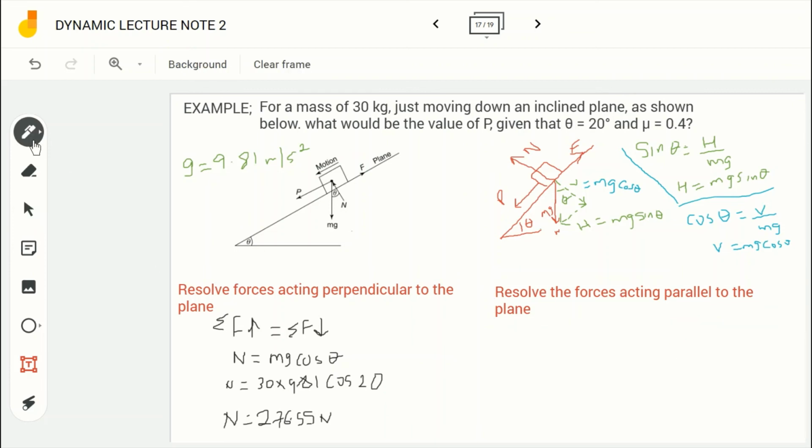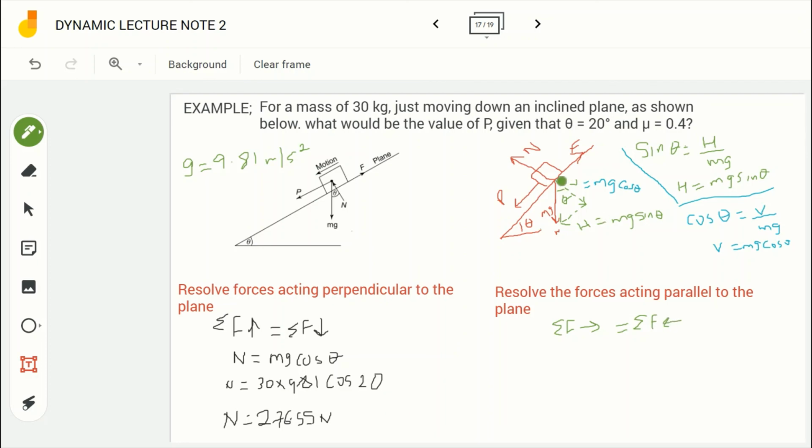Now to do this, the sum of the forces to the right must be equal to the sum of the forces to the left.